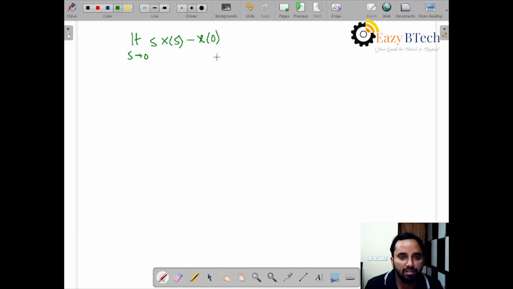Here the limit is not applicable to x of 0 because there is no s term. So on the right side, after applying the limit, you get the integral from 0 to infinity of d by dt of x of t dt.